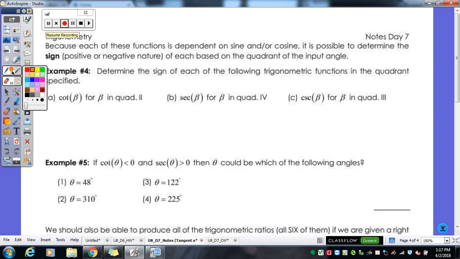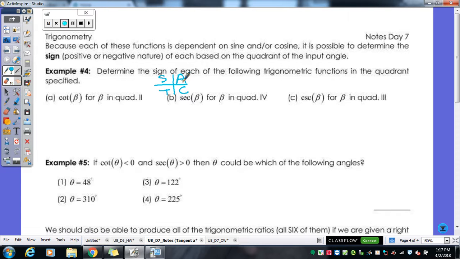Last page of notes here. Because each of these functions is dependent on sine or cosine, it is possible to determine whether their values are positive or negative based on the quadrant of the input angle. These follow the same pattern I was just talking about. All Schools Torture Children. All of them are positive in the first quadrant.